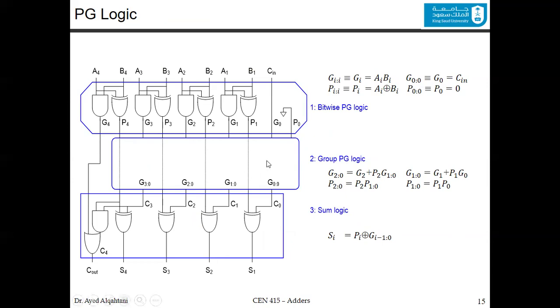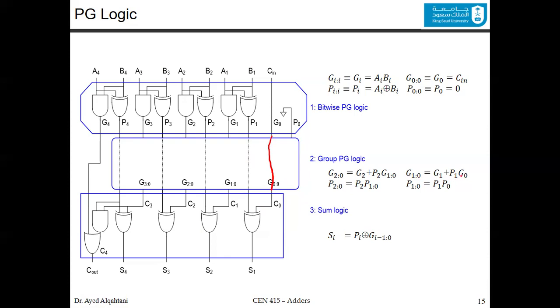I went back to the slide before. In the first grouping, it's actually the carry-in. So you just drop it here. And the B1 is here. Now the second grouping, from 0 to 1, we actually find this out.